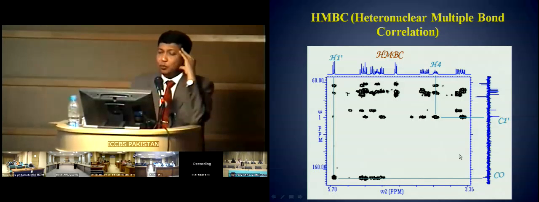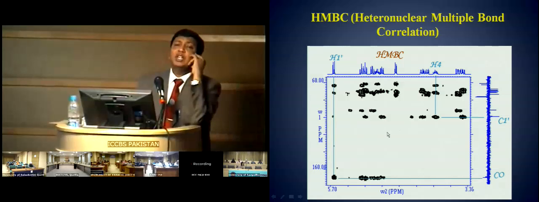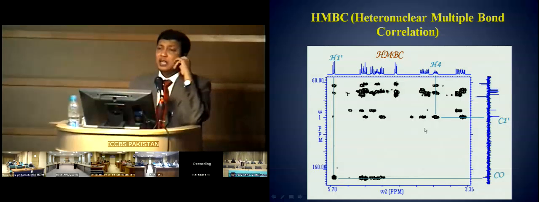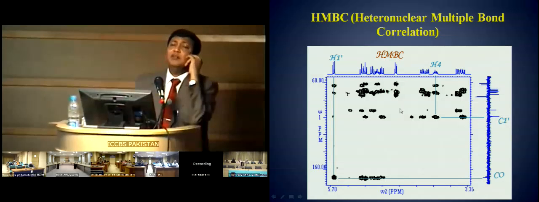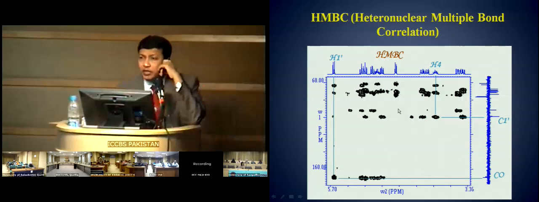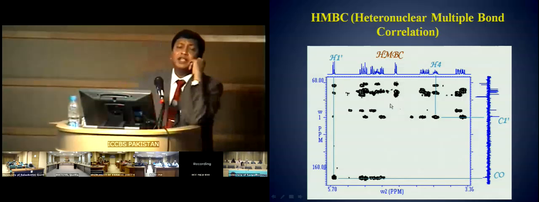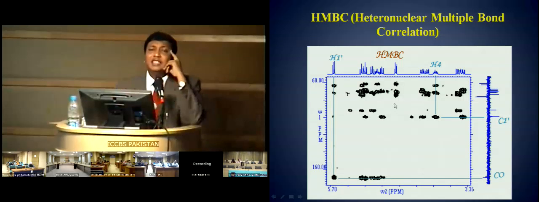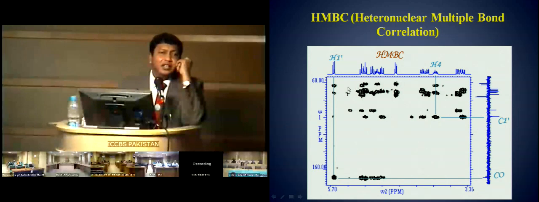And number 4, you would be able to distinguish long-range carbon connectivity even if you have an oxygen in between. So if you have a CH, then an oxygen, and then a carbon, you would be able to see the effect of a proton across the oxygen, right?